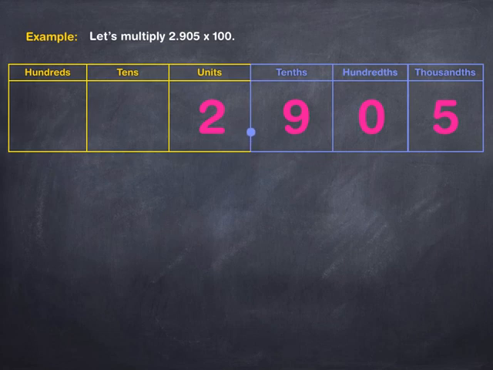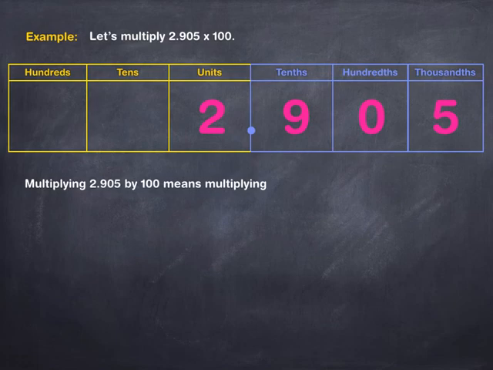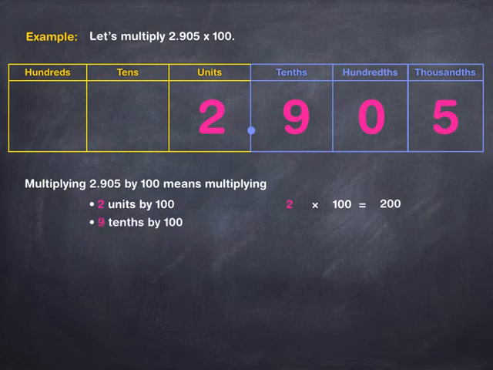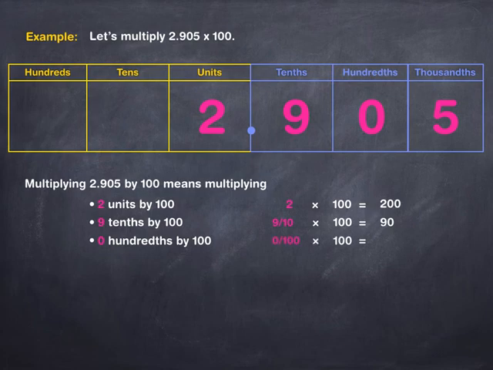Example, let's multiply 2 and 905 thousandths by 100. Multiplying 2 and 905 thousandths by 100 means multiplying 2 units by 100, 9 tenths by 100, 0 hundredths by 100, and 5 thousandths by 100.